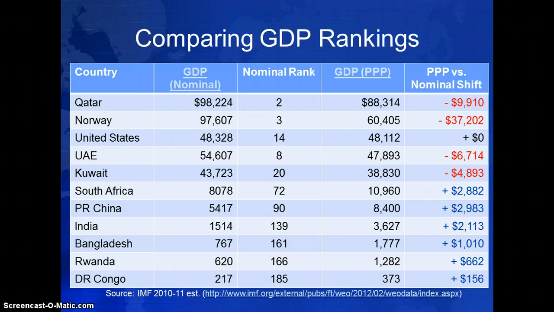A word of caution though, nominal currency conversions, which use official exchange rates, tend to understate the size of the economy in developing countries. This is known as the Penn effect, and it comes into practice because developing countries tend to have lower costs of living than developed countries.